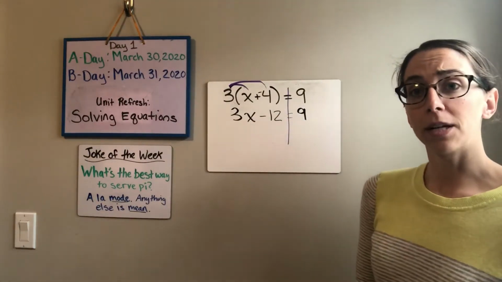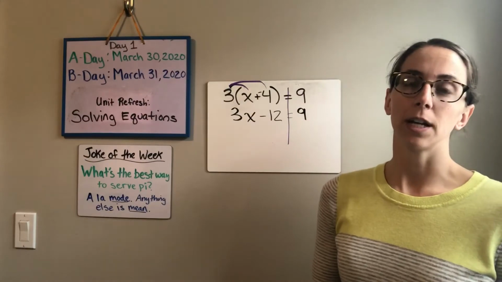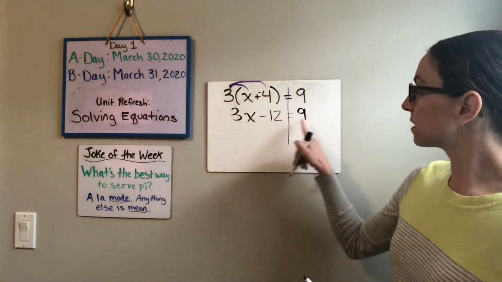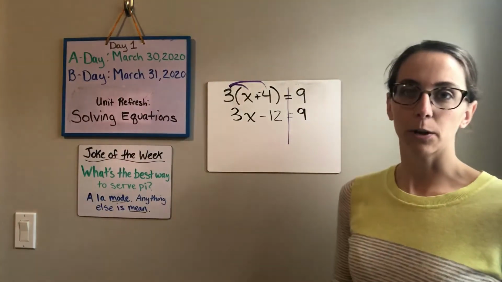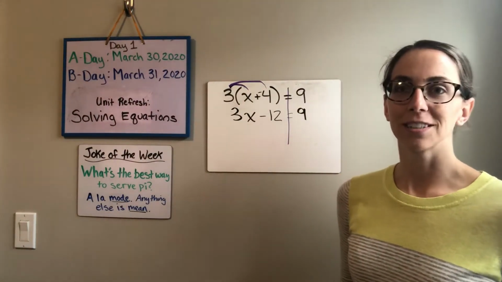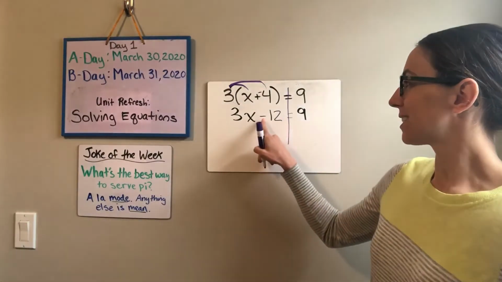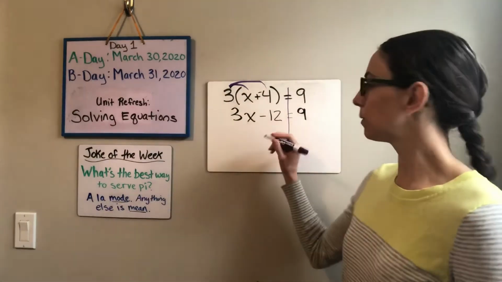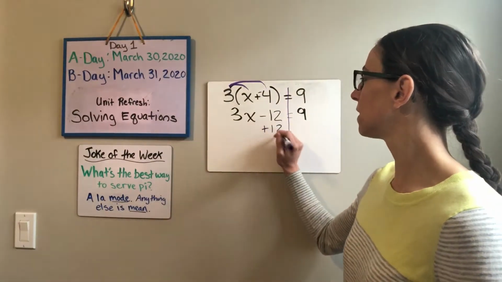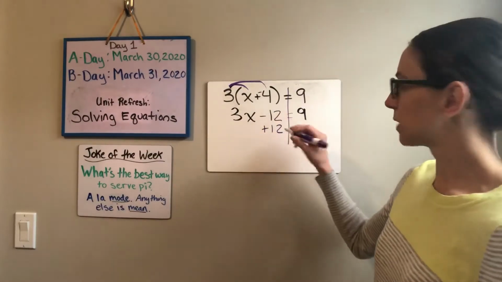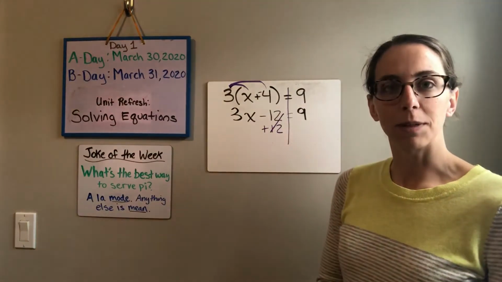Now that we've completed distributive property, we need to look for any of our like terms. We do have some like terms, these constants, but they're on different sides of our equation, which means we have to use inverse operations. If this says 3x minus 12, the inverse of subtracting would be addition. So if I take my -12 and add 12 to it, that's going to give me 0.